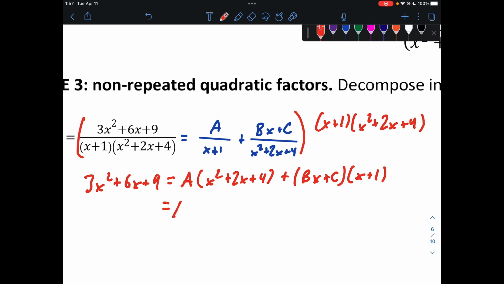So distributing here, I get ax squared plus 2ax plus 4a plus bx squared plus bx plus cx plus c.